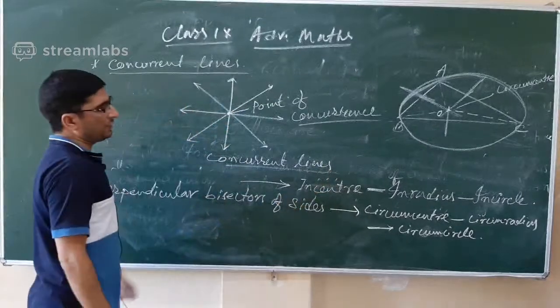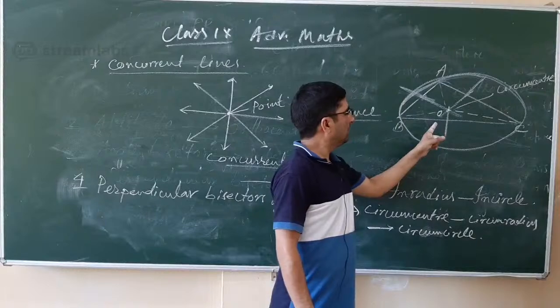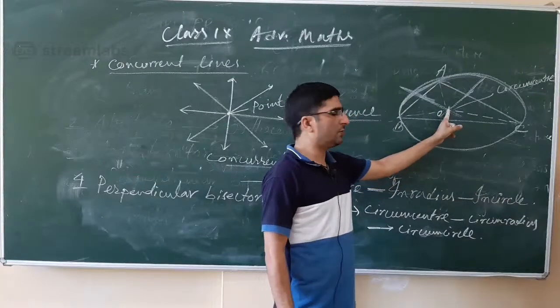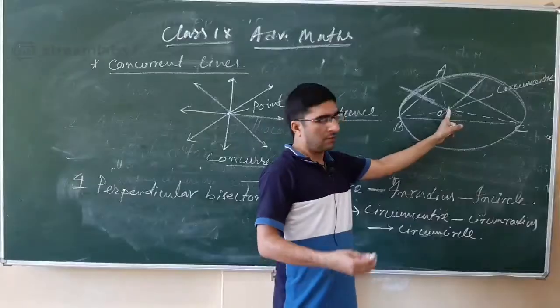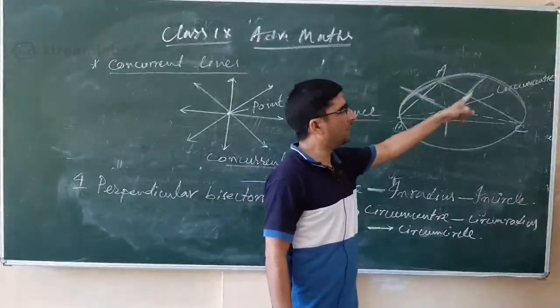So the point at which these three perpendicular bisectors of side meet is the point of concurrence. So point of concurrence of perpendicular bisectors of side is circumcenter.